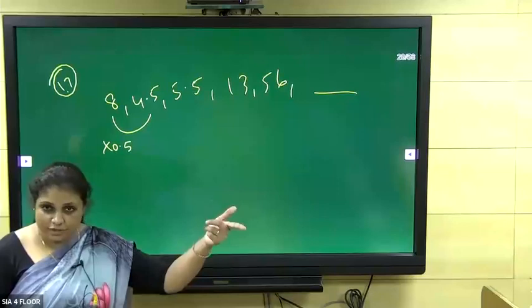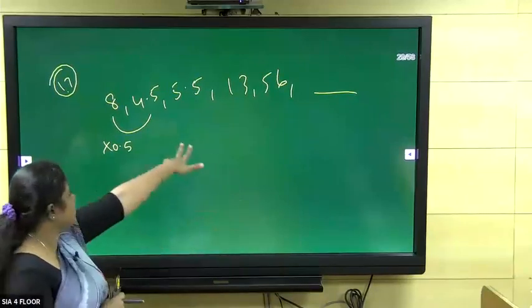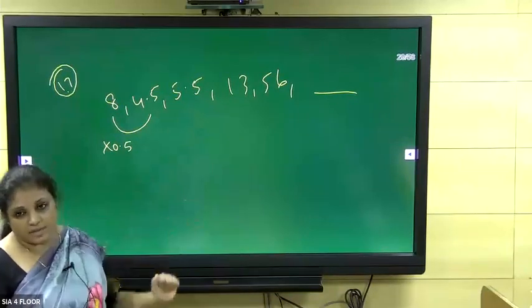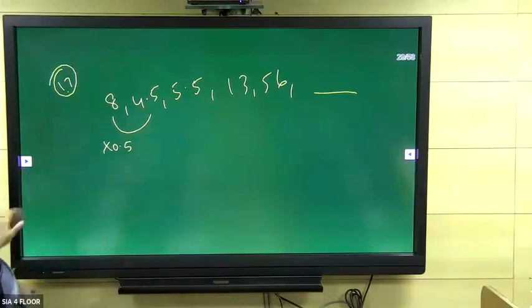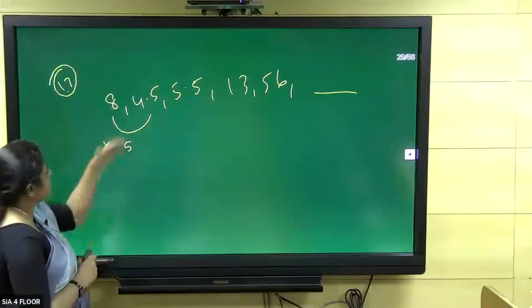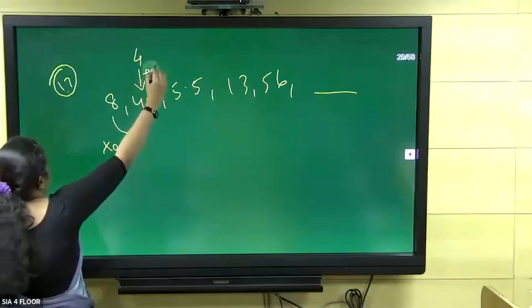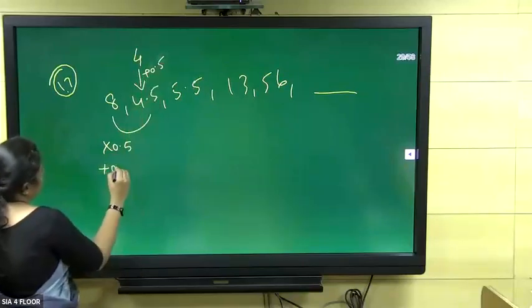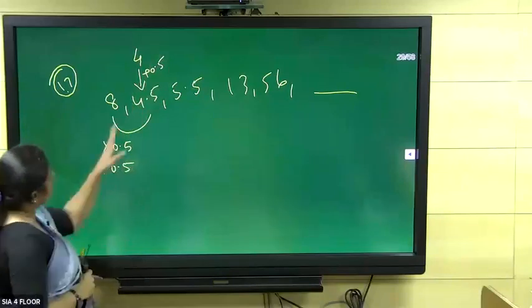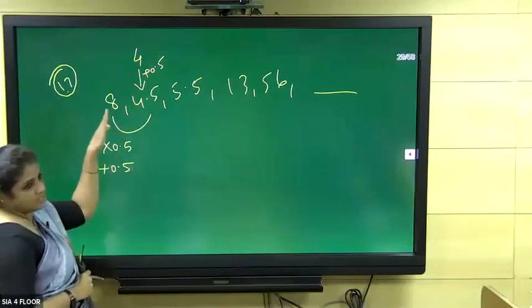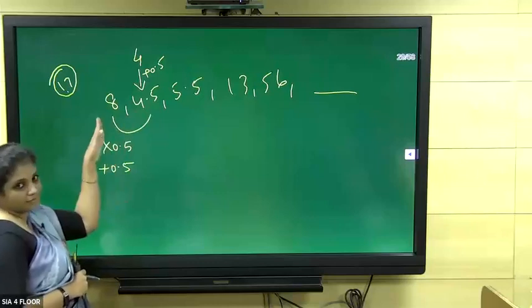There we did 1/2, but here it's 0.5 because the values are given as decimal values. So first you multiply this with 0.5, it becomes 4. But we need 4.5, not 4. So just add 0.5 to that. So this is the way of getting this number from this number. This is the only way of getting this number from that number.